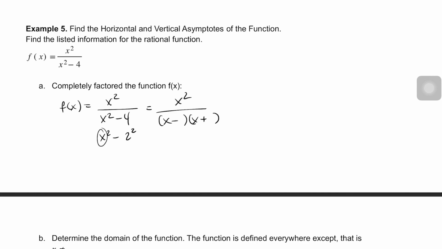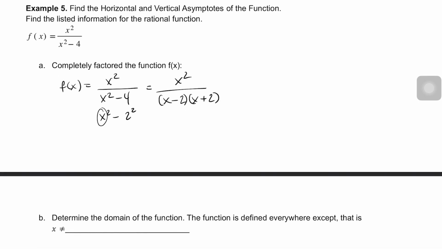So that number is this number, and this number is this number, and then you just alternate the signs. Okay. All right, so we factor this out. The numerator does not require to be factored because it's just x squared. But that's pretty much it for that part.